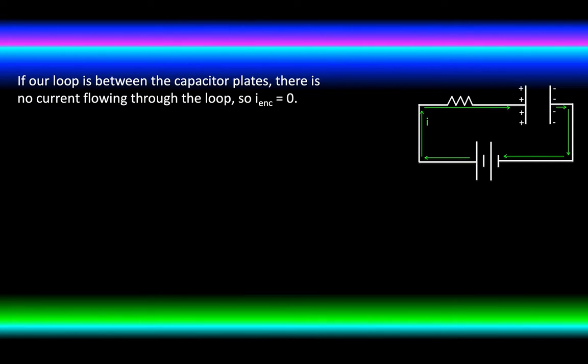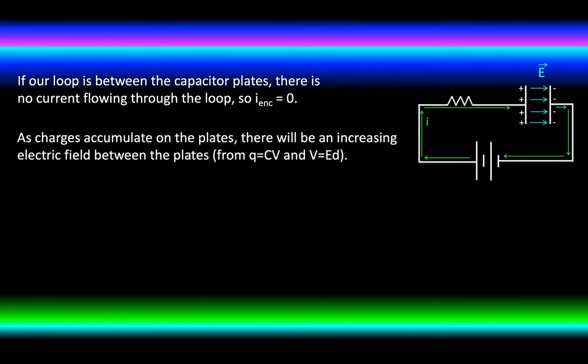Now, if our loop is between the plates, there is no proper current flowing through the loop, so I can correctly write that I enclosed is going to be 0. But there's going to be something else going on. As the capacitor plates are acquiring charge, we saw in chapter 17, Q equals CV.